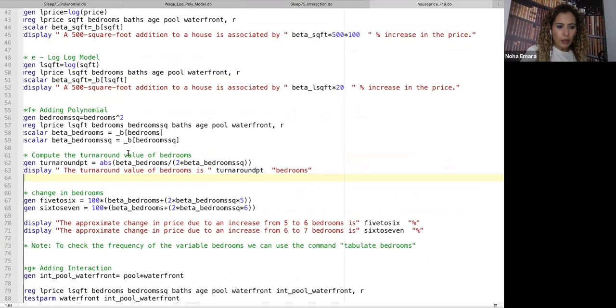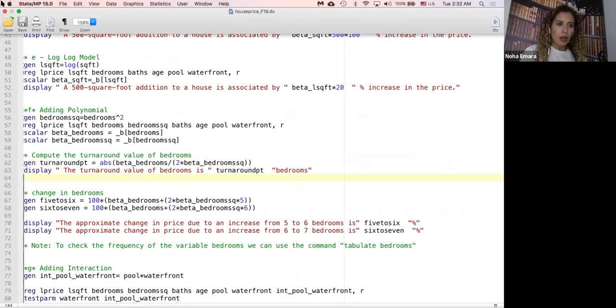In the model, this is the effect of having a pool on the price of the house, and this is the effect of waterfront on the price of the house. What if I want the simultaneous effect of pool and waterfront? So I need a multiplication between the two.